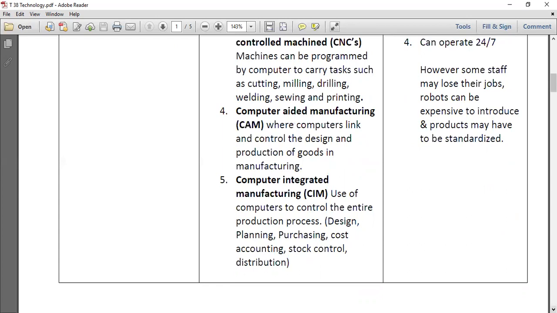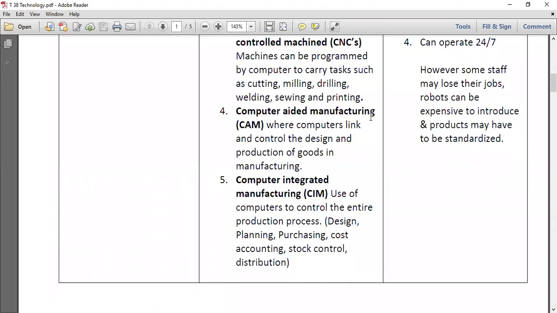So you can see it is kind of CAD plus CAM. It is CIM, integrated manufacturing, involving production, designing, planning, purchasing, cost accounting, stock controlling, distribution; everything comes under there. So organizations are mainly working on these different techniques, especially in the manufacturing sector.